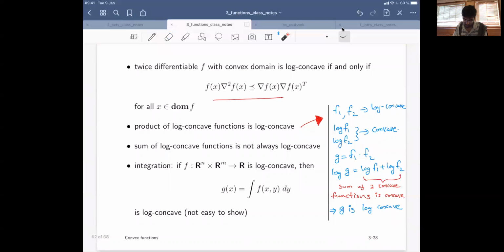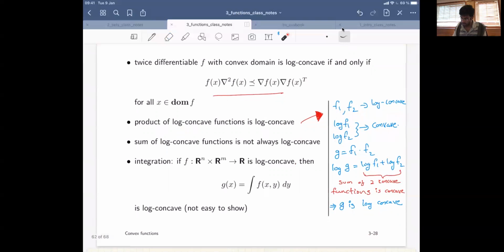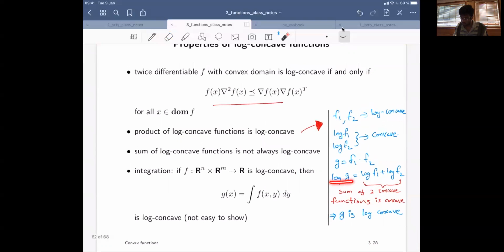Now next is the product of log concave functions is log concave. So you have two functions, f1, f2. Let's assume that they are log concave. That means log of f1 and log of f2 are concave functions, right? Now let's make a new function g equal to f1 times f2, the product of those. So what will be log g? It will be log of f1 plus log of f2.